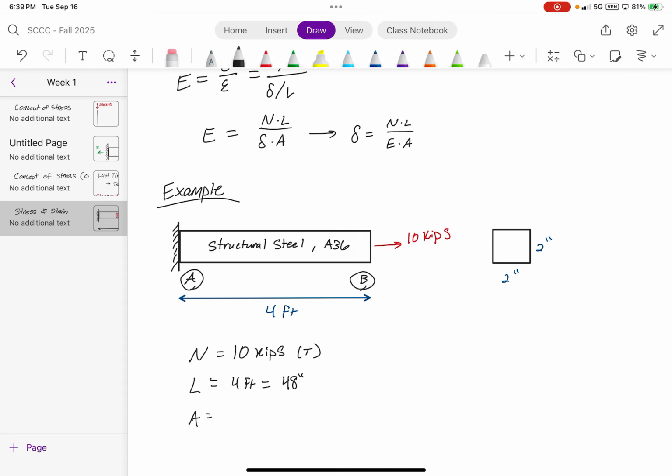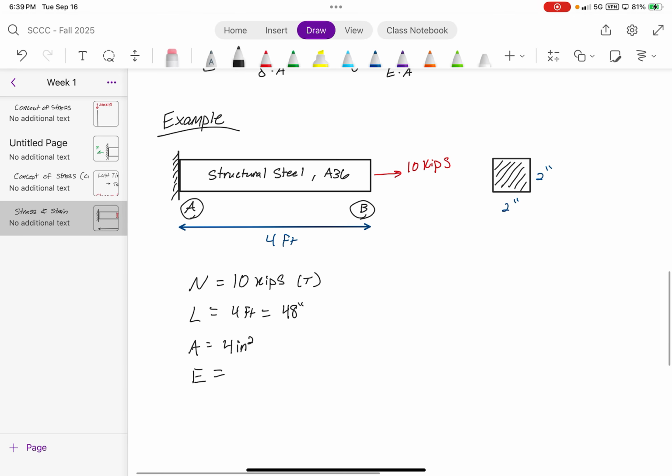What's the area going to be? 4 inches squared. And the way you get that is by multiplying it by the area of the square. So it's going to be 4 inches squared.